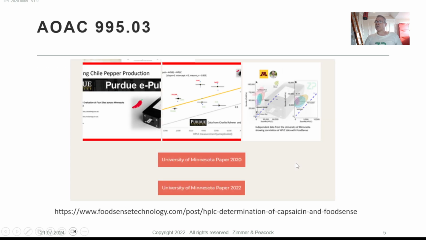It's probably worth saying that when answering the question, how do we compare against, let's say, traditional HPLC AOAC 195.03 methods, I want to show you a couple of papers. There's a guy called Charlie Rower at the University of Minnesota.